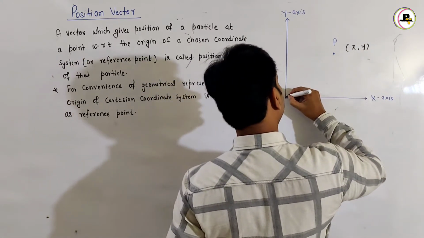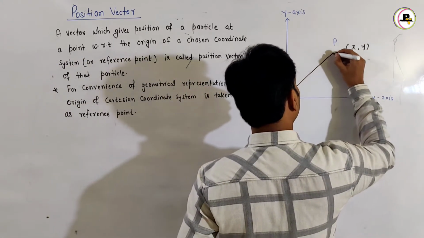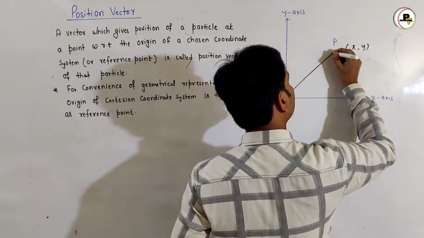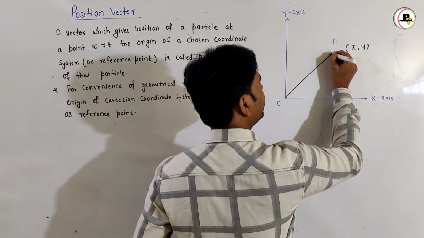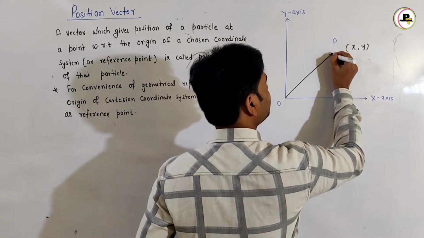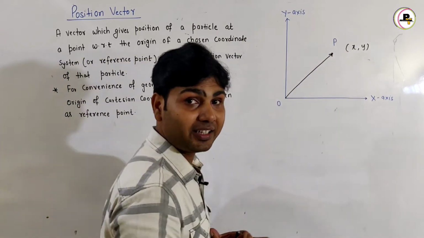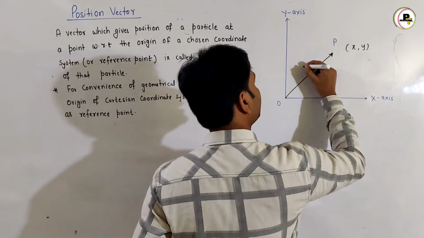Now if I join point O with point P, and if I give an arrowhead at this point, then this will be converted into the form of a vector. Suppose this is given by r vector.